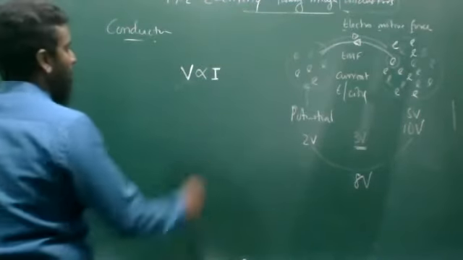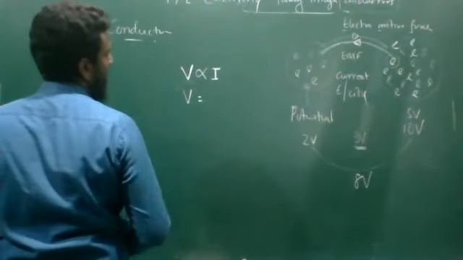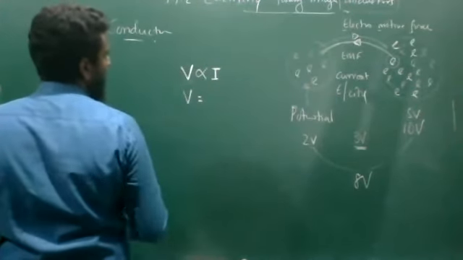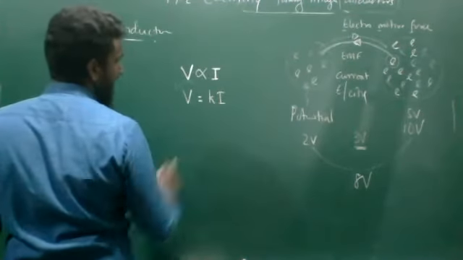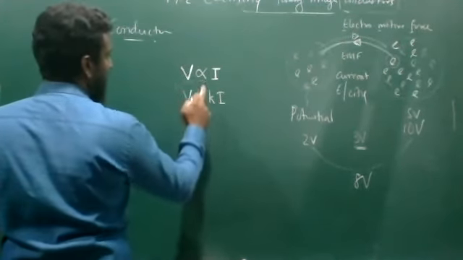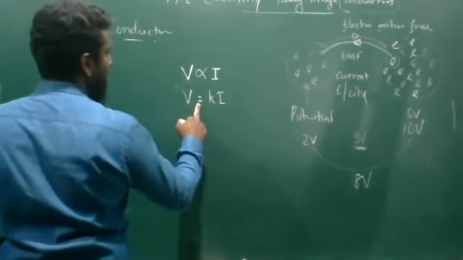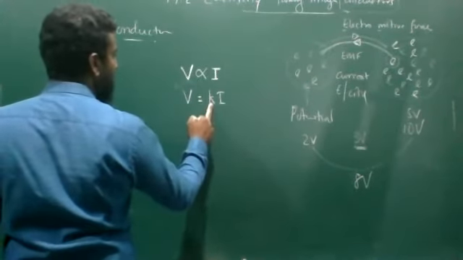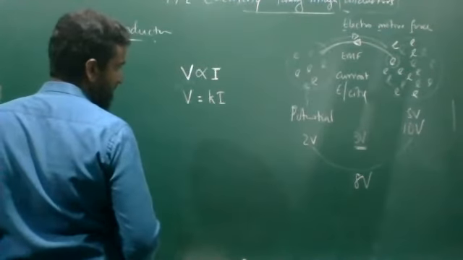Now, to make this an equation, we can put a constant to multiply. This is the proportional sign. If you want to change the proportional sign to an equal sign, you have to multiply the current by a constant. That is the mathematics.